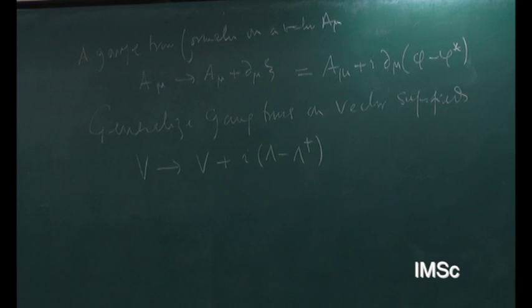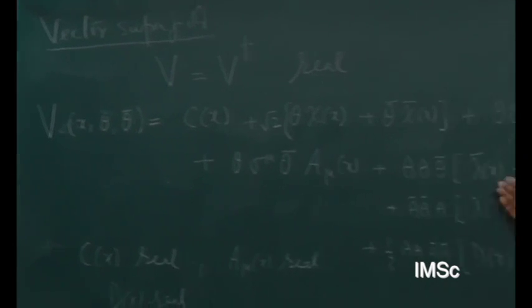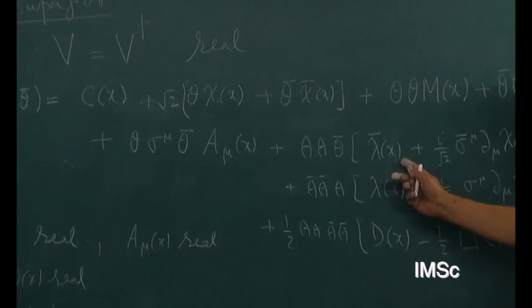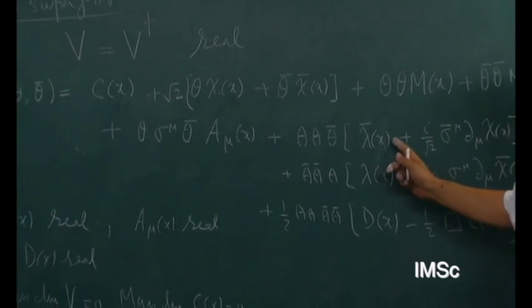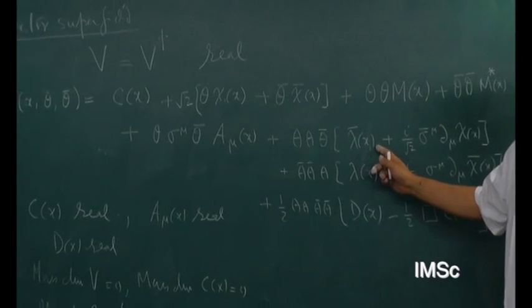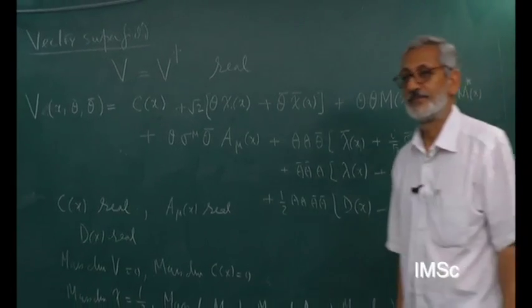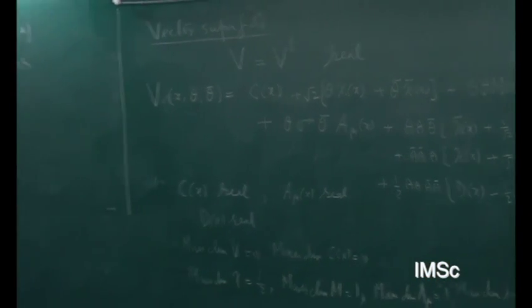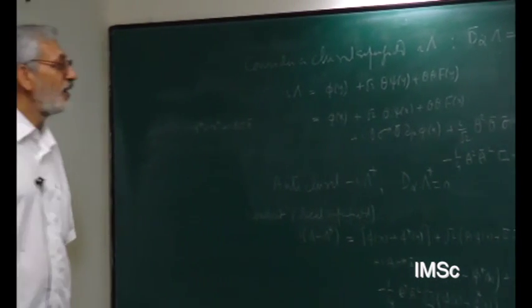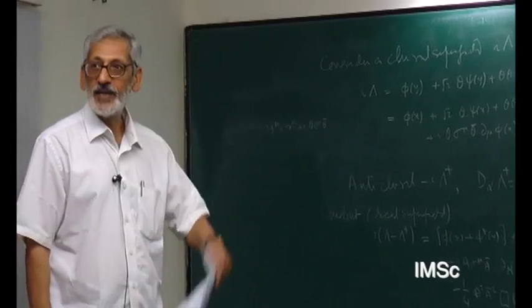Now, what transformation does the spinor field have? What is the charge of lambda? When you know the abelian generalization, we'll worry about that. Here it's very trivial. So now, let me see what that means for the component fields.